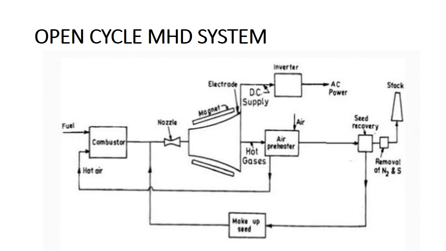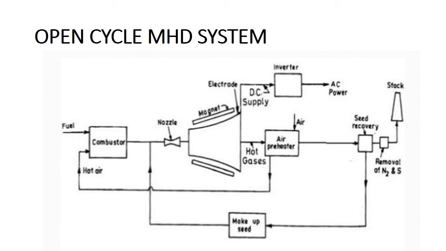First, the fuel such as oil, coal or natural gas is burned in the combustion chamber, and the air required for combustion is supplied from the air preheater. Here you can see in the figure there is an air preheater, where the gas coming out is preheated, and the hot air is again given to the combustion chamber because the cycle has to repeat.